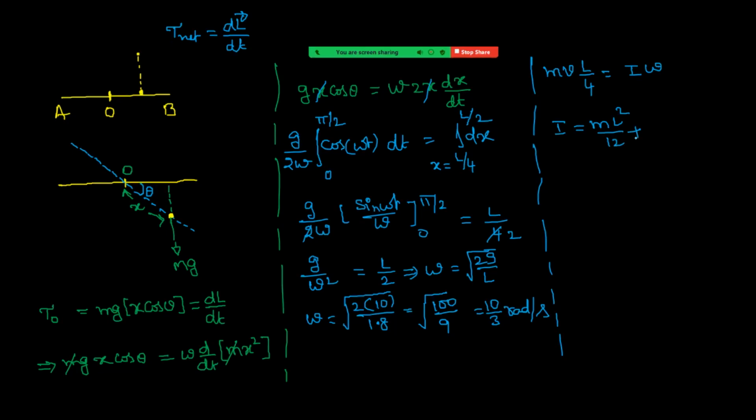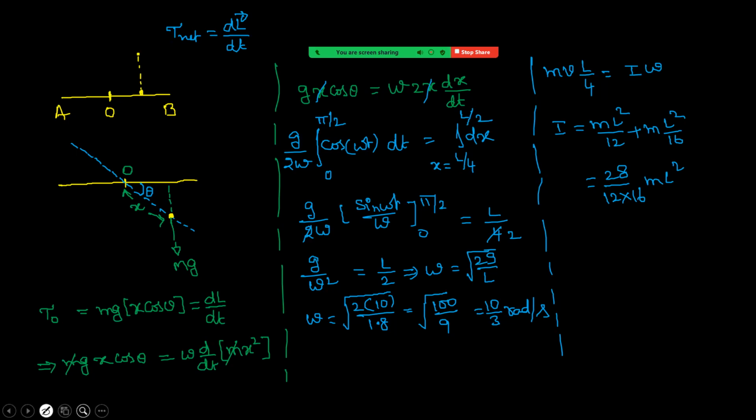Next, for the insect, m into L by 4 whole square, means L square by 16. Okay, this value, how much? 16 plus 12, 28. 28 upon 12 into 16 ml square.